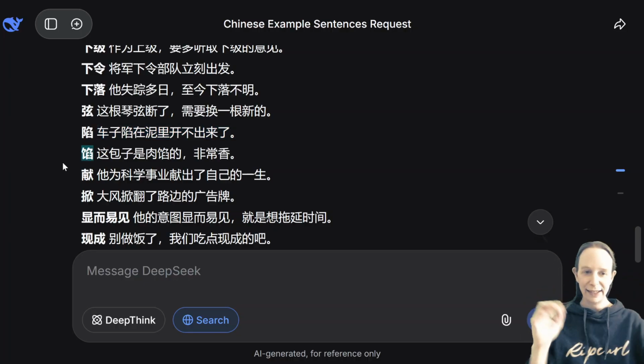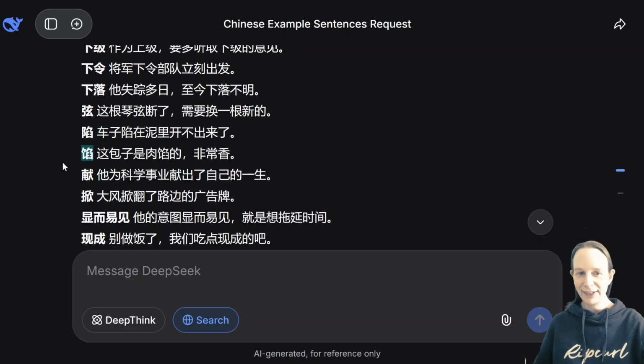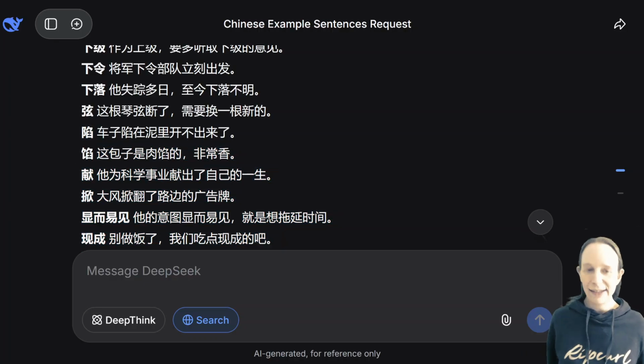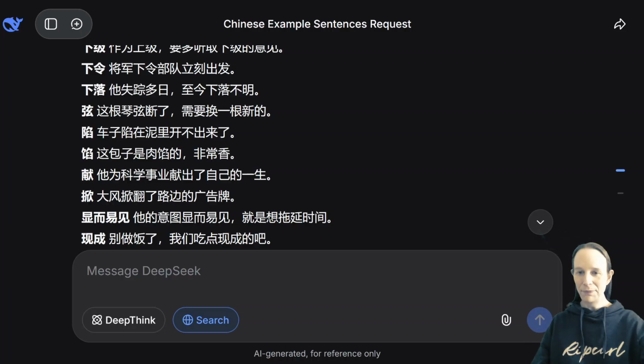All right. This 馅 is a different 馅. You can see the different radicals or components. This 馅 pertains to the filling or stuffing inside something.